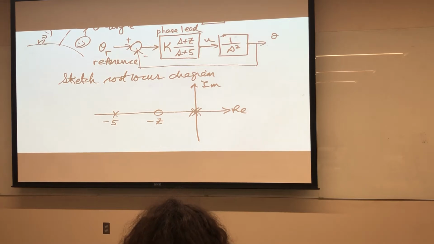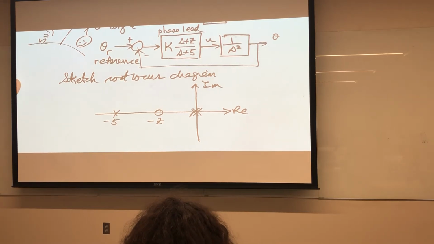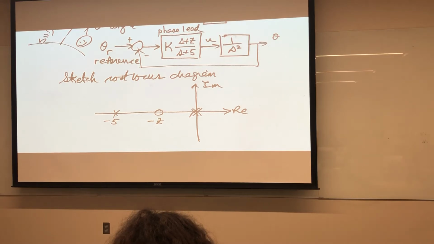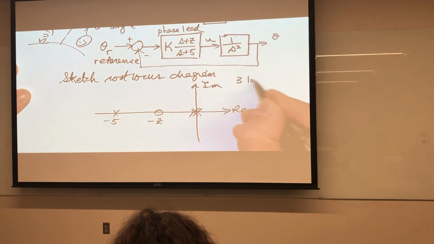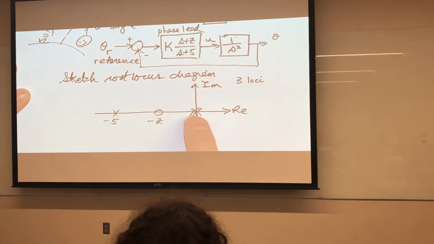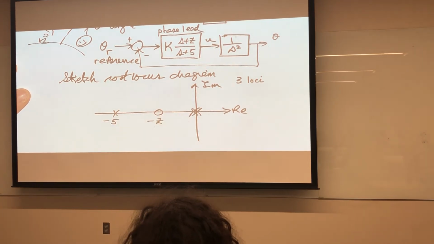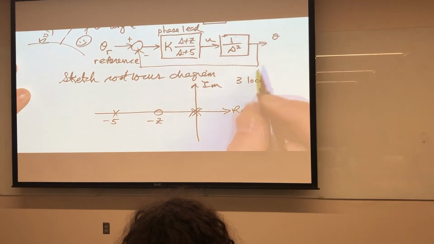Okay, let's sketch the root locus. We've got a handful of little rules that will give us a rough sketch. We have basically 3 loci because there are 3 poles. The branches need to start at the x marks. There's 2 x marks here. There's 1 x mark here. One of the loci must end up on this zero, and 2 of them must go off the page.